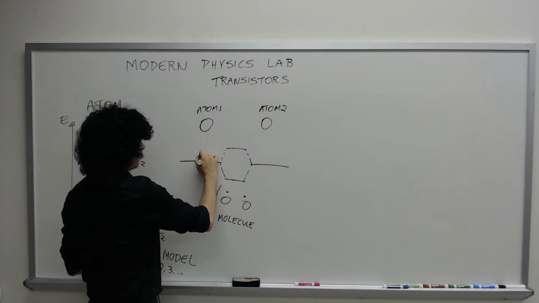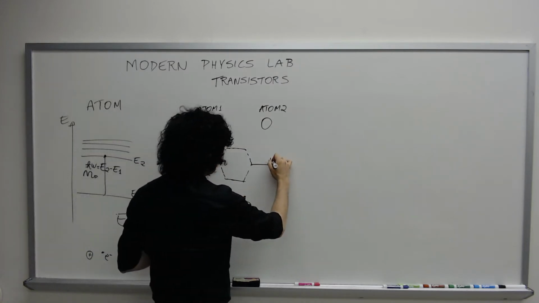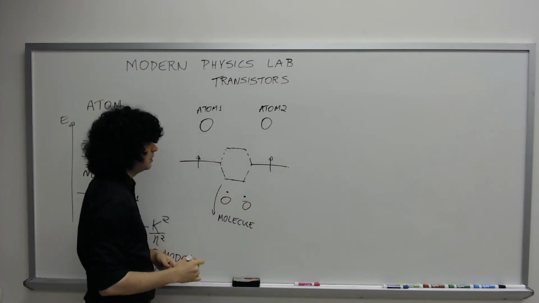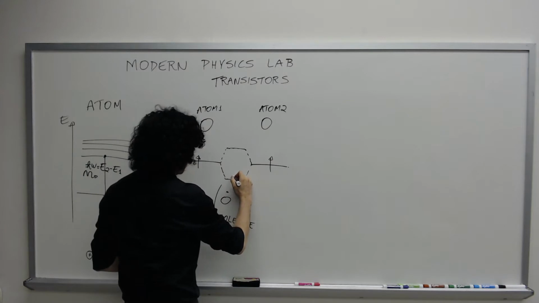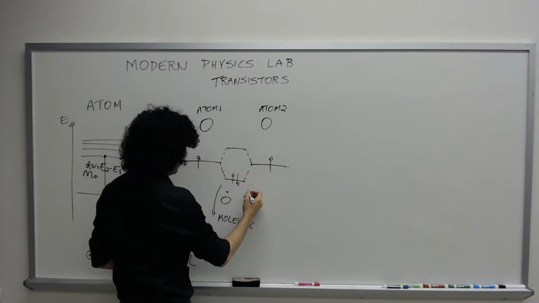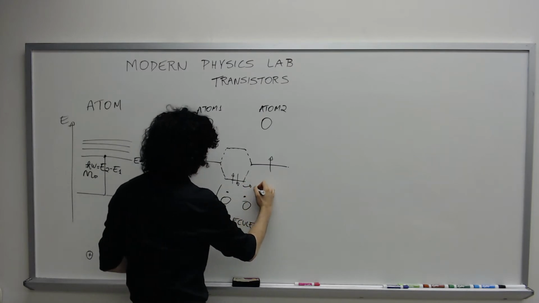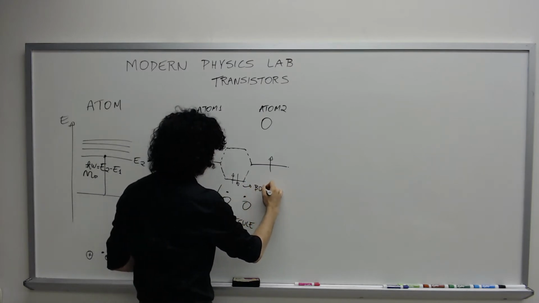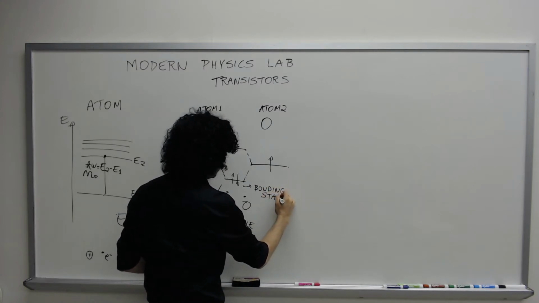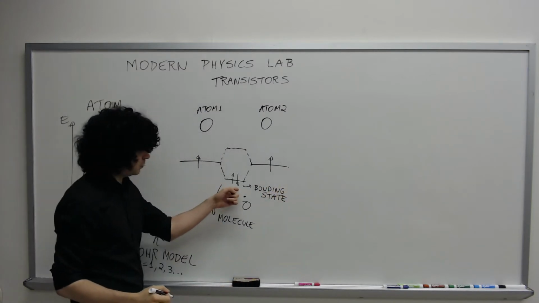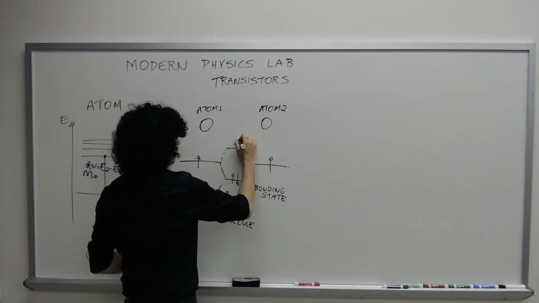For example, representing an electron pointing up here, the spin of the electron, and here is the other configuration. This lowest energy state would be the bonding state, and the molecule goes to this state, and the anti-bonding state is up here.